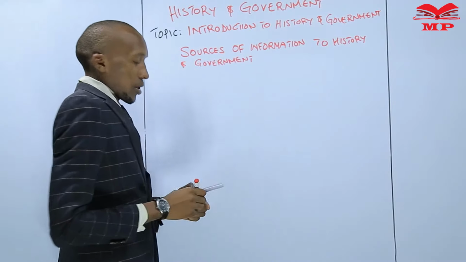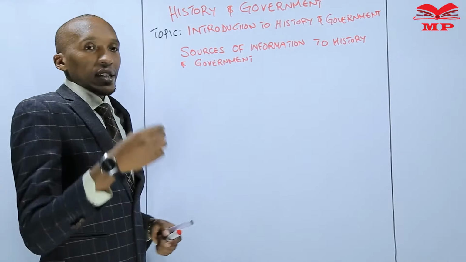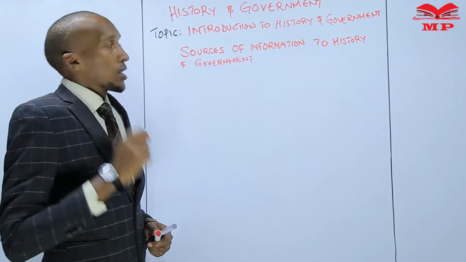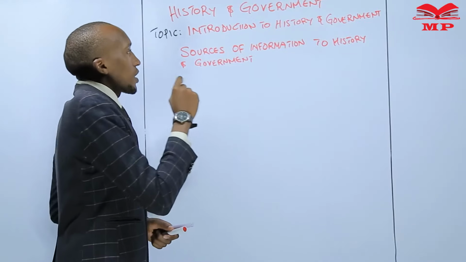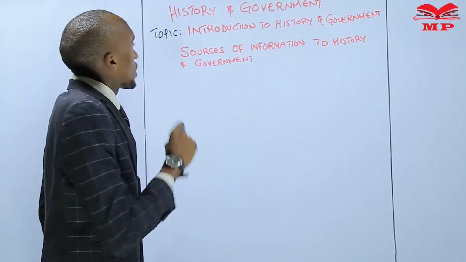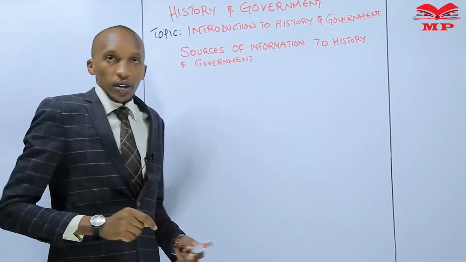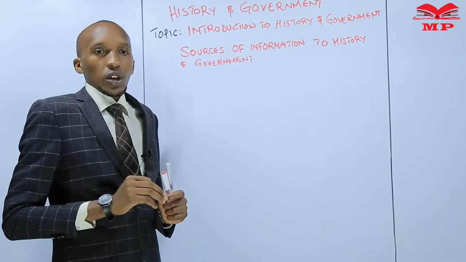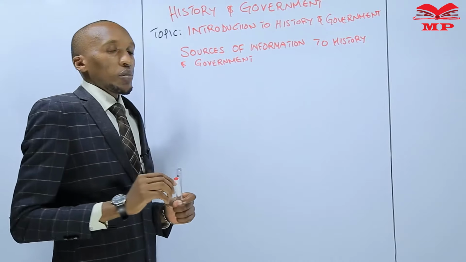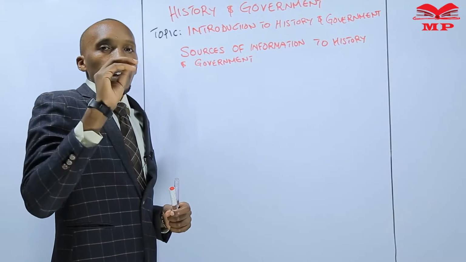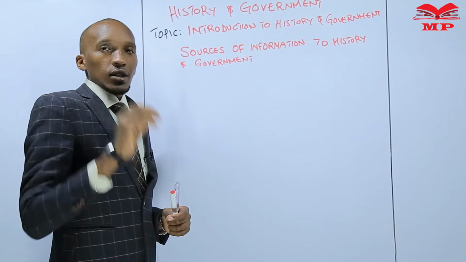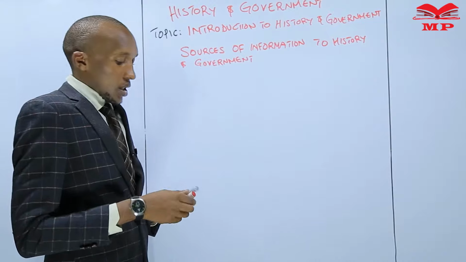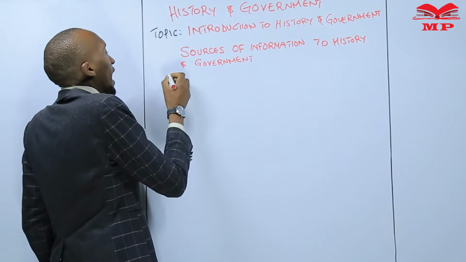So remember, we are looking at the unwritten sources of information to history and government, because we gave three categories of sources of information. We said we have unwritten sources, written sources, and electronic sources.